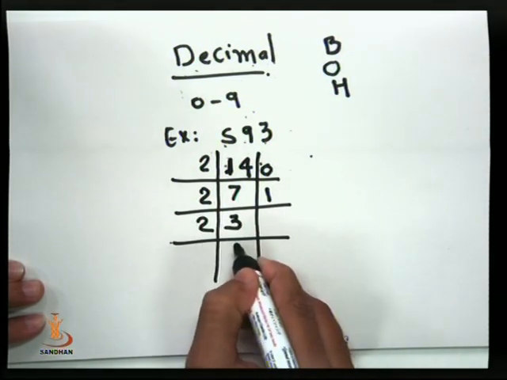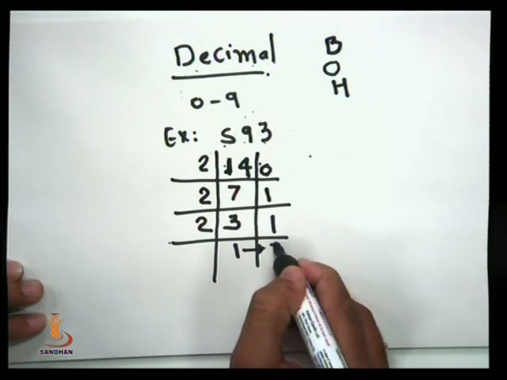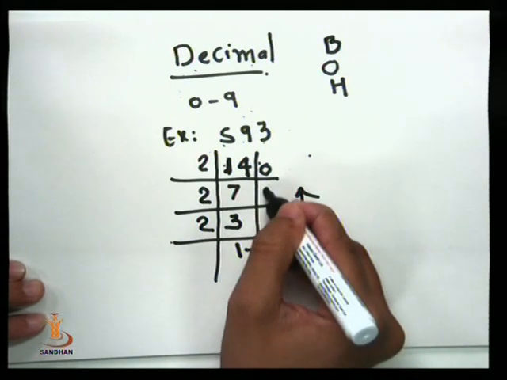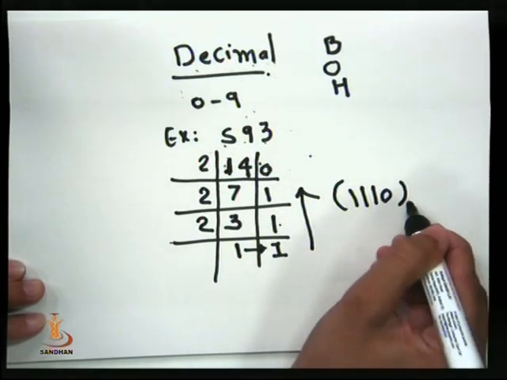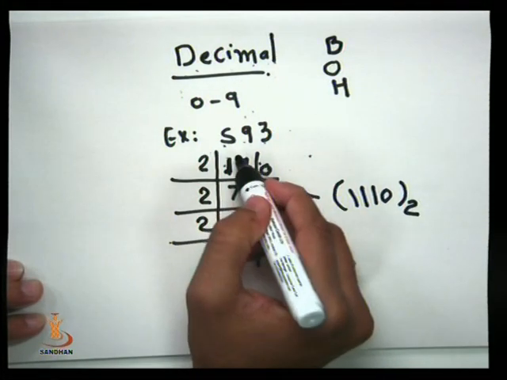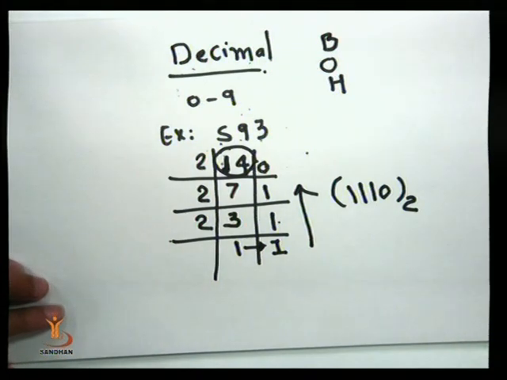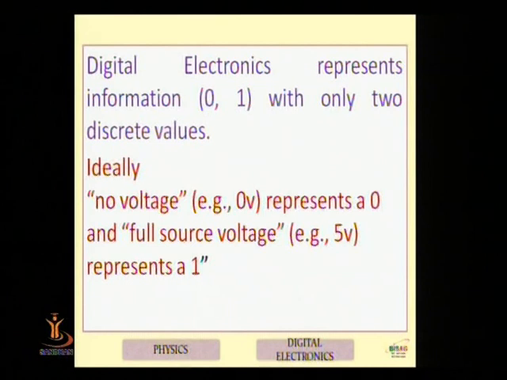Divide by 2. 1 and 1. Now we can't divide 1 again by 2, that's why I am taking 1 as it is. And you move like this: 1 1 1 0. 1110 is the binary of 14. Our example was 14, so decimal 14 will give you 1110.